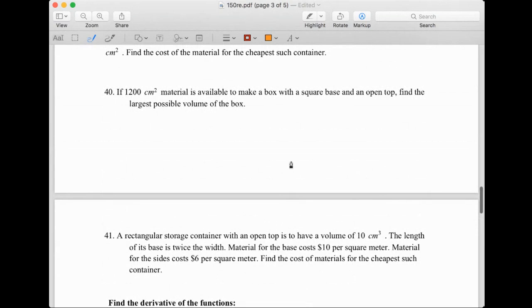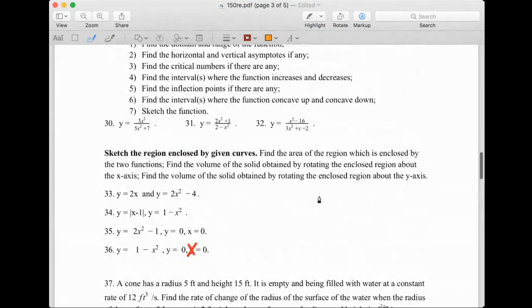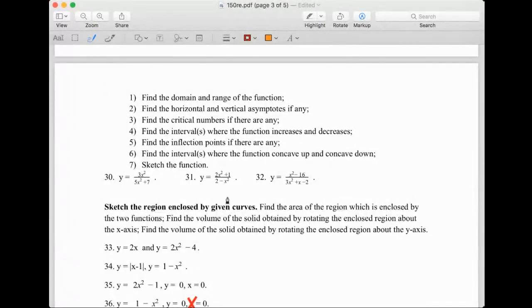Yeah, it's 41. You can change the numbers around, right? For graphing, same thing. Remember the graphing? This graphing, you're not supposed to graph on your calculator. You may finish the 7 steps, then use your calculator to confirm your graph.